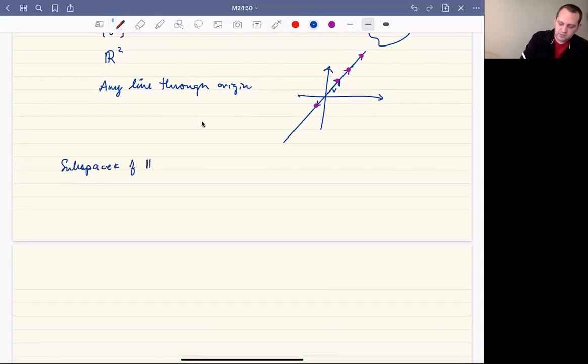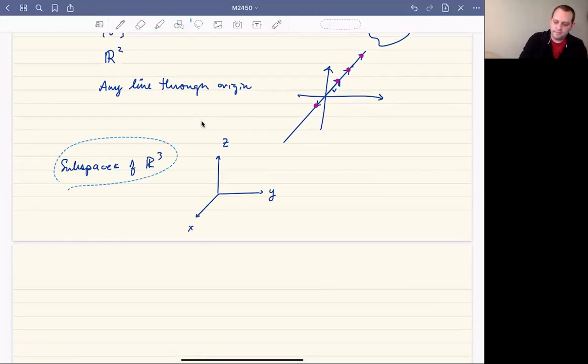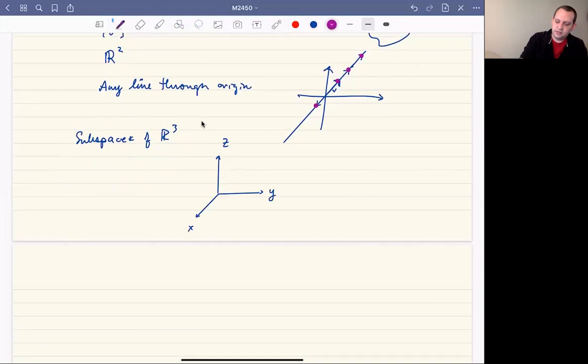So subspaces of R3. Here, R3 is a lot trickier to visualize, but you have 3 dimensions. So you have an X, a Y, and a Z. Okay, so let's just separate our work here. The first two are the trivial ones.